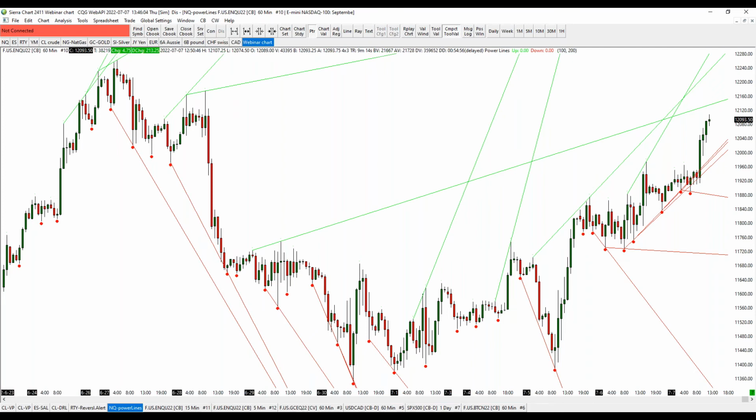Notice here, there's a fractal between this and this. This is on a 60-minute chart. See how the extension of it coincides, intersecting with these ones too, from here to here, and this one and this one. So this area here is crucial for rejection.